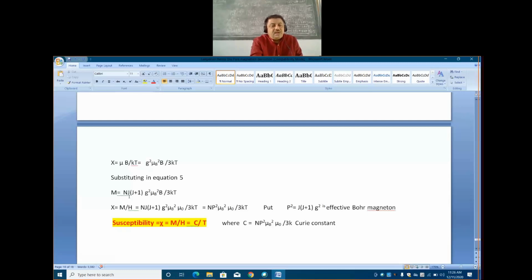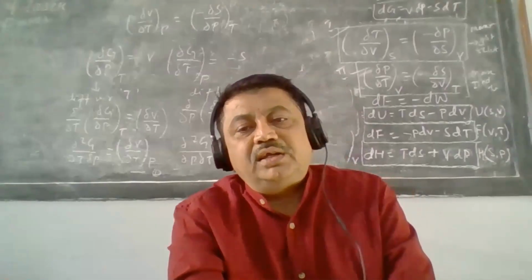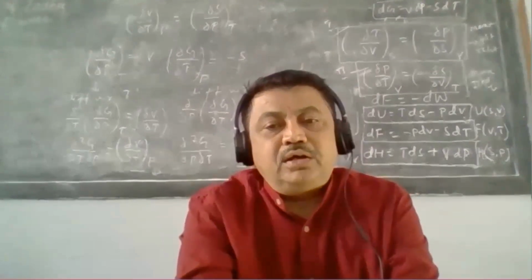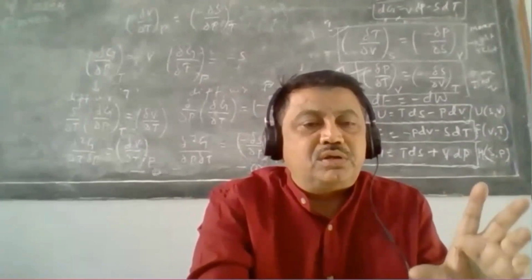So this expression, that is N j into (j plus 1) g square mu B square into mu naught by 3kT. We put in one simplification, that is put g square into (j plus 1) as p square. So p square is another term that we are introducing, this is the effective Bohr magneton, to make the equation simple.